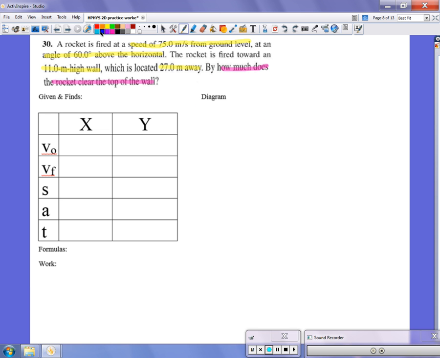So, here's the ground level. Here is my rocket. Let's make it actually touch the ground. There we go. It's launched with an initial velocity equal to 75 meters per second. It is at an angle of 60 degrees with the horizontal.